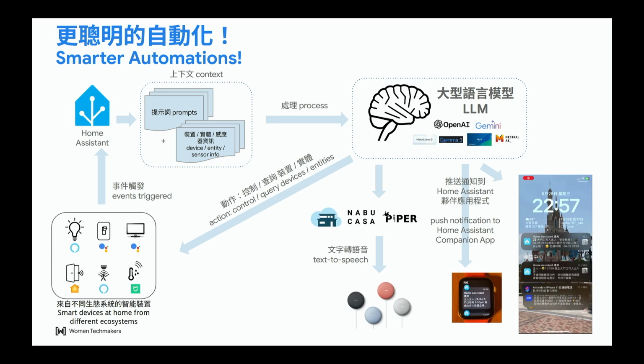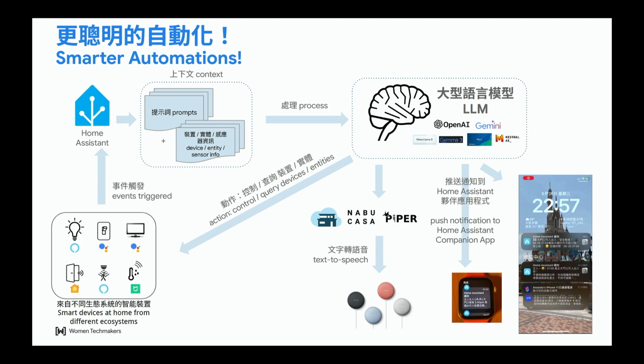And if you want smarter automations, obviously you can integrate with large language models like OpenAI ChatGPT, Google Gemini, or even local LLMs. If you focus on privacy and do not want to expose your home situation to outsiders, you can host your own computer with larger video RAM, for example, connect it to Home Assistant, and run queries there.